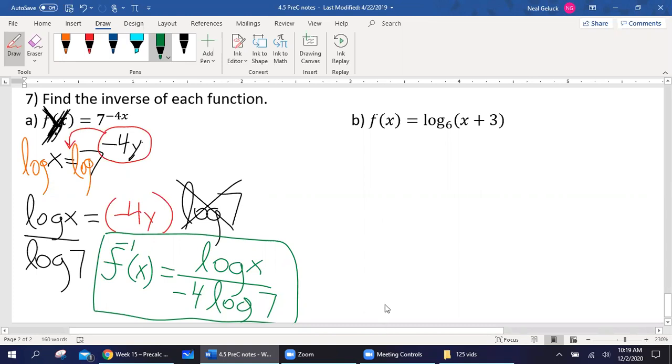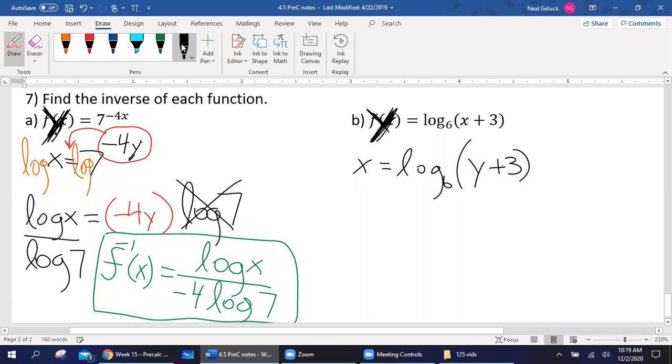For letter B, again, consider f of x to be your y. Switch your x and y. So now it's x equals log base 6 of y plus 3. I'm trying to get that new y by itself. So what undoes logarithms is exponentials.